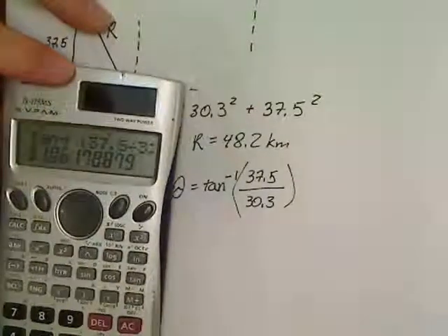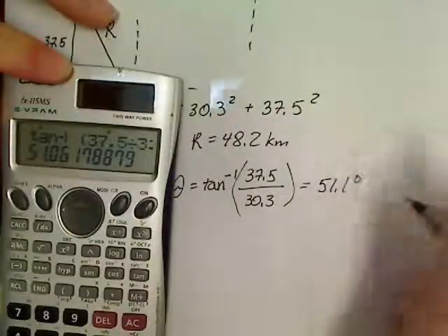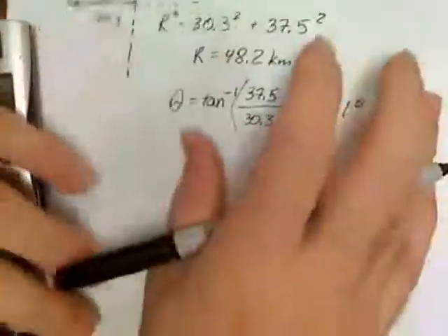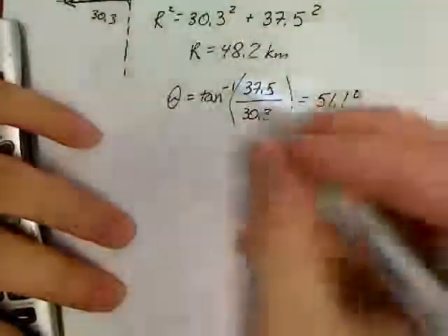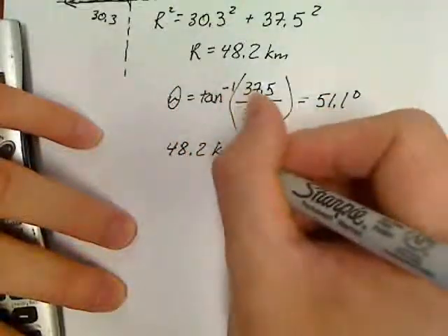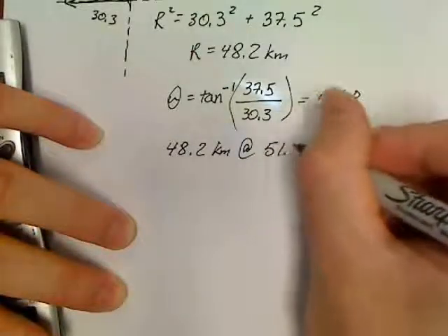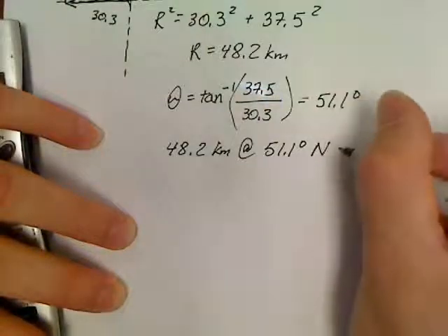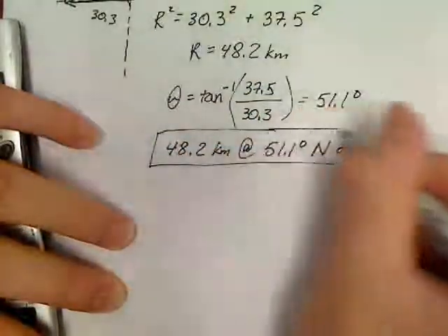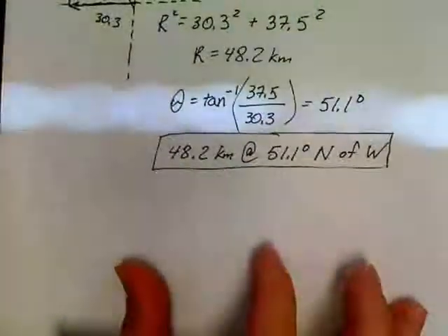Looks like we got 51.1 degrees. Let's write this in full notation here. And let's write this out as your final answer: 48.2 kilometers at an angle of 51.1 degrees north of a west line. So there's our final solution to the first example.